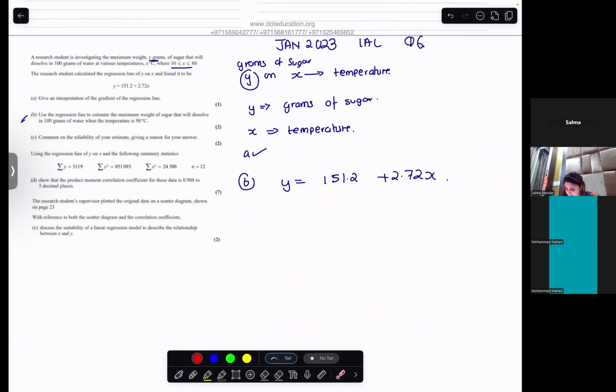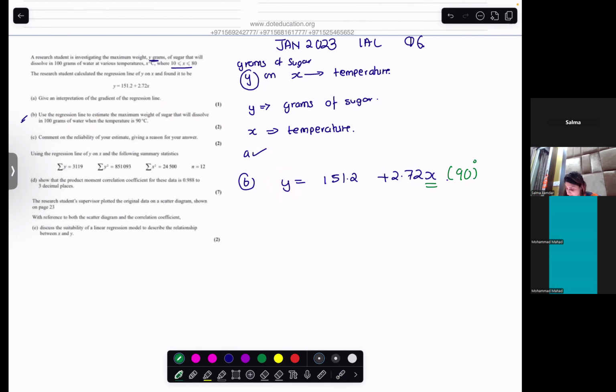When x is equal to 90, they want to use the regression line to estimate y, the sugar that will dissolve in 100 grams of water.